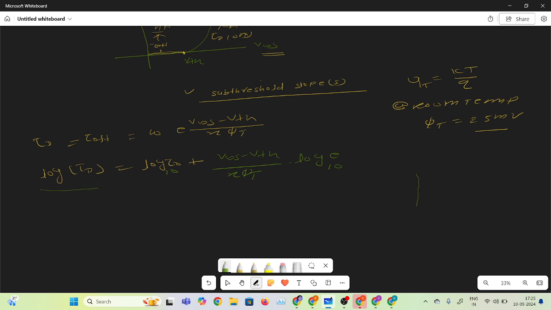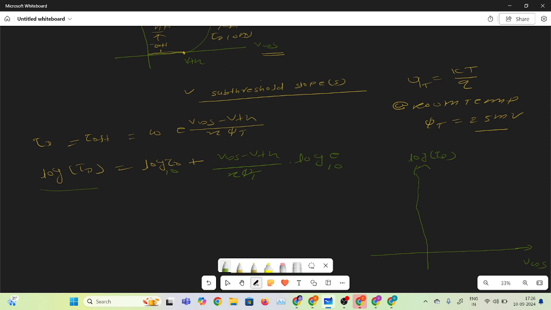Here I am drawing the graph also. I will plot log ID on one axis and VGS on the other.